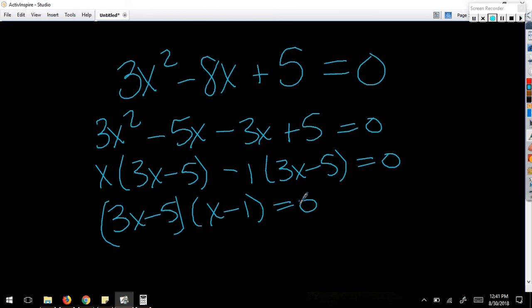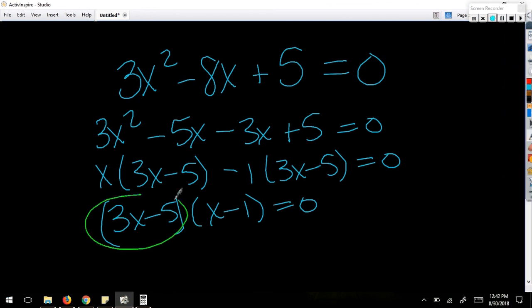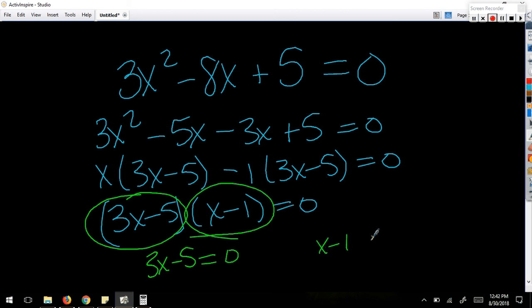One of them has got to be 0, or both of them has got to be 0. If this piece right here came out to be 0, it would make that equation true, yes? And if this piece came out to be 0, it would make that equation true, yes?